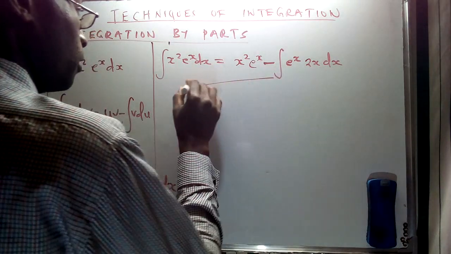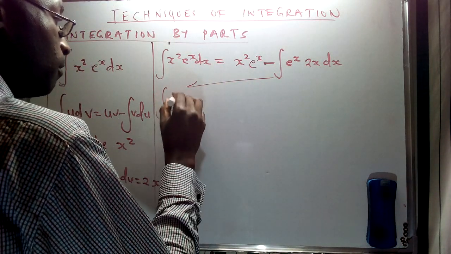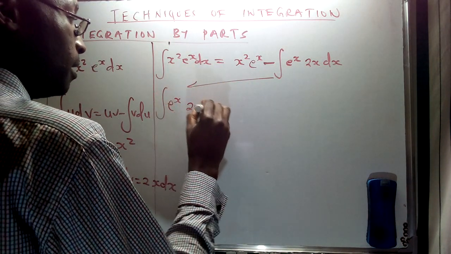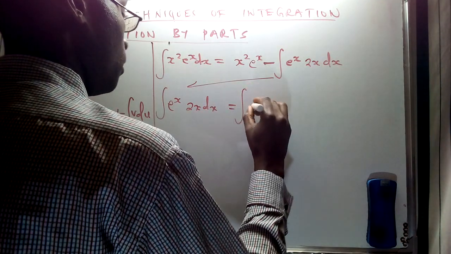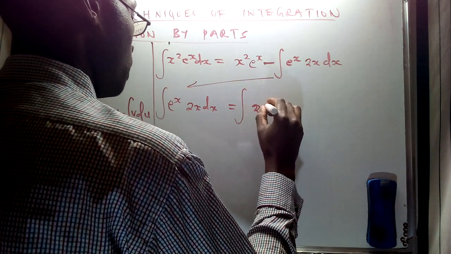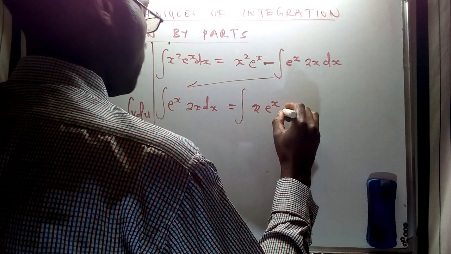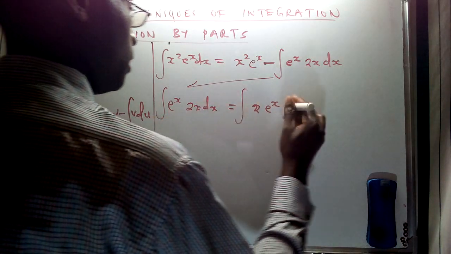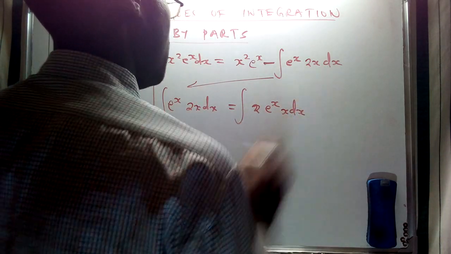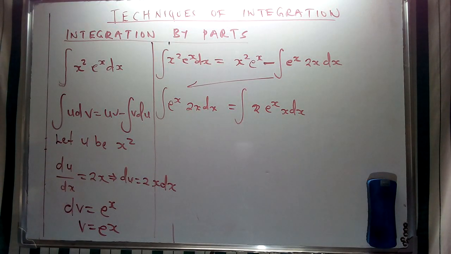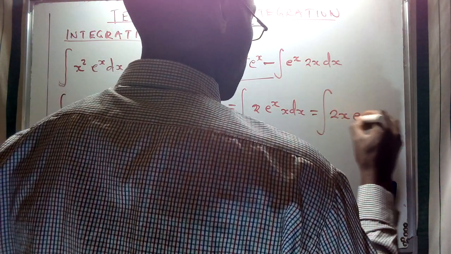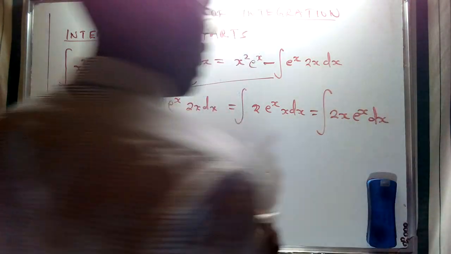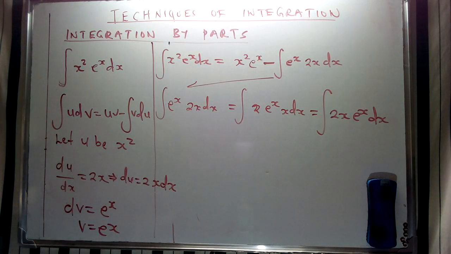So we're going to have this one as the integral of e^x 2x dx. This is given as the integral of 2 e^x x dx, or we can do a rearrangement and have it as the integral of 2x e^x dx, just for simplicity purposes.